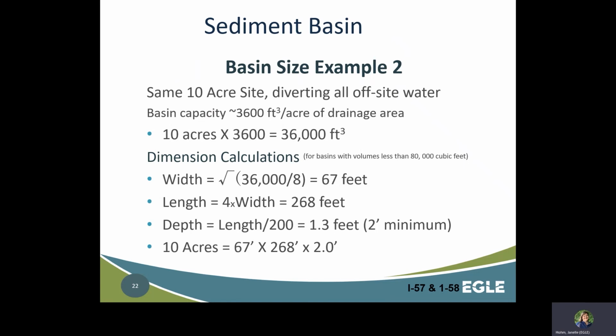We know that the length should be 4 times the width, or 268 feet. The calculation for depth is equal to the length divided by 200, or 1.3 feet. However, remember that there is a 2-foot minimum depth. So, for this example, our basin would need to be roughly 67 feet by 268 feet by 2 feet.